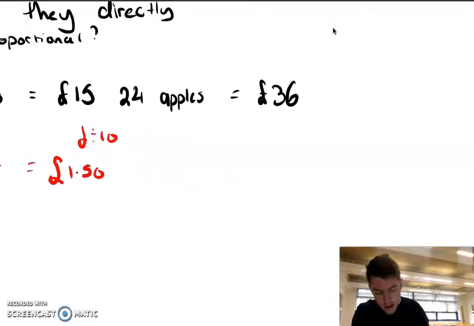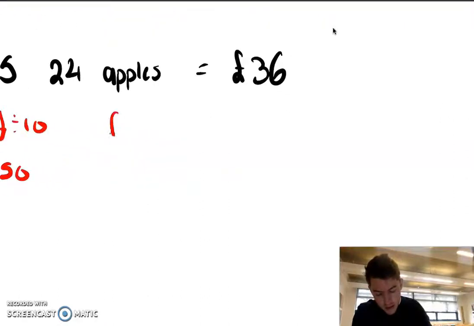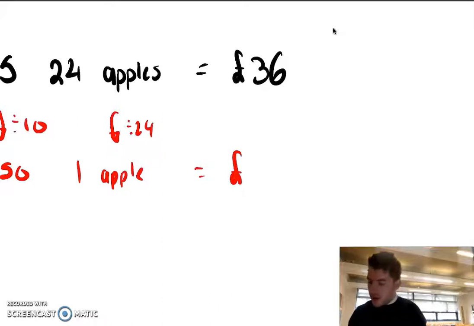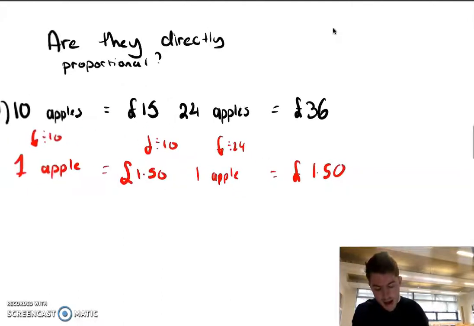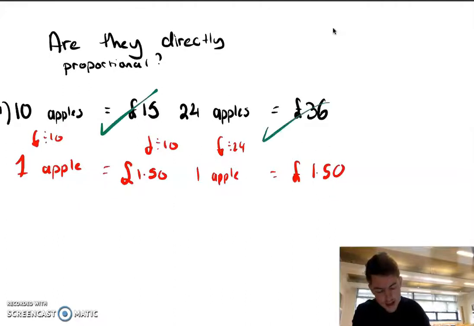Let's look at our 24 apples, divided by 24, you get one apple. And does that equal the same? 36 divided by 24. Yes, £1.50. So we can say that yes, they are directly proportional.